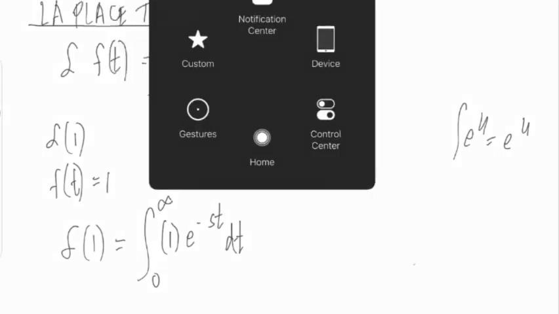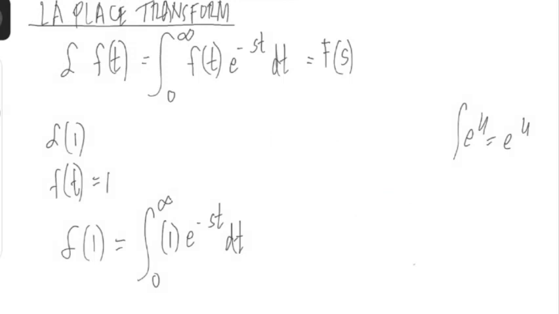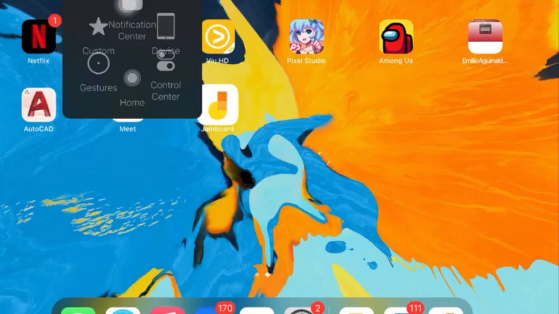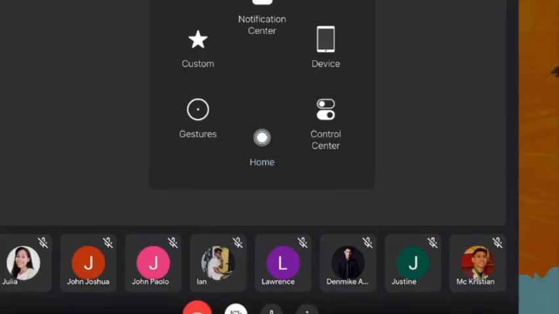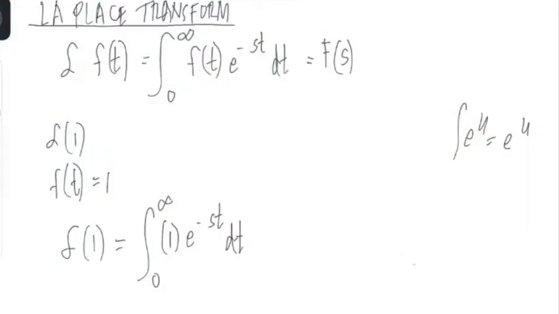Yes, sir. Ano integral ng e to the u? Julia, andiyan ka pa? Yes po, sir. Balik ako, anong integral noon? How will you integrate e to the negative st dt?